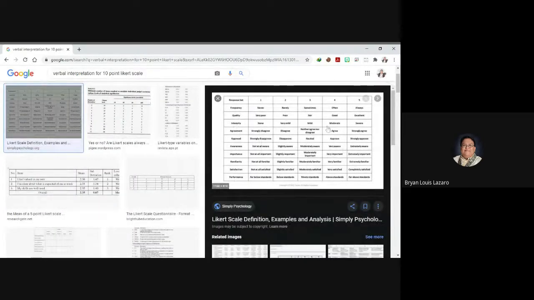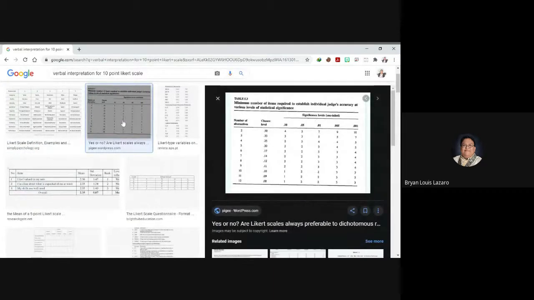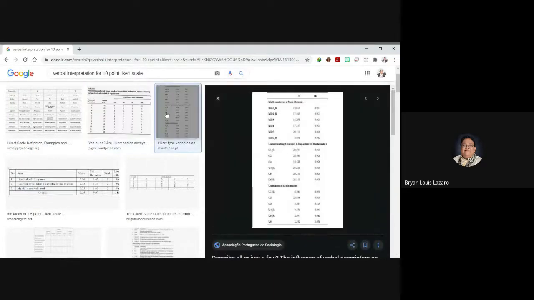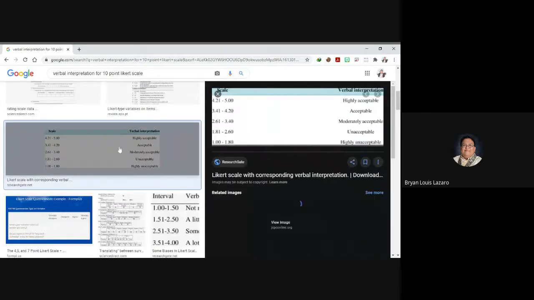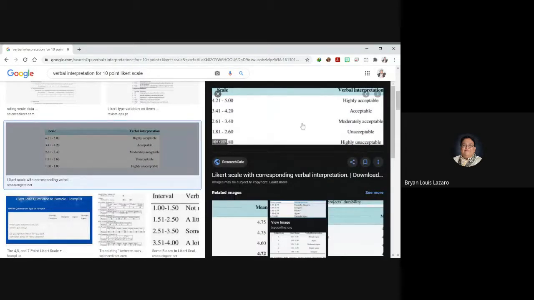Ayan, diba? So, 1 to 5, may mga verbal explanation or verbal interpretation. Yung mga kahulugan ng 1 to 10, ganon. So, humanap lang kayo katulad nito. Ayan, verbal interpretation for 5-point scale. So, highly unacceptable. Palitan nyo lang yung interpretation. Pwede naman kayong gumawa ng sarili nyo.